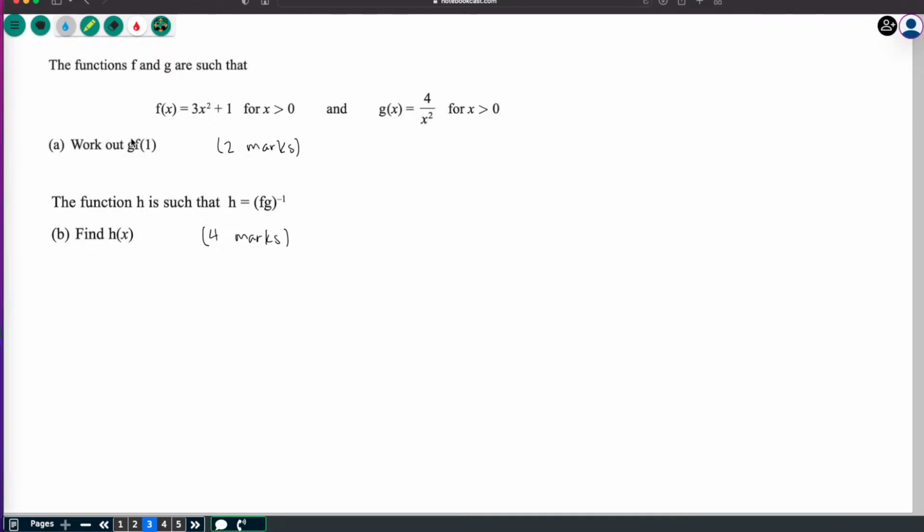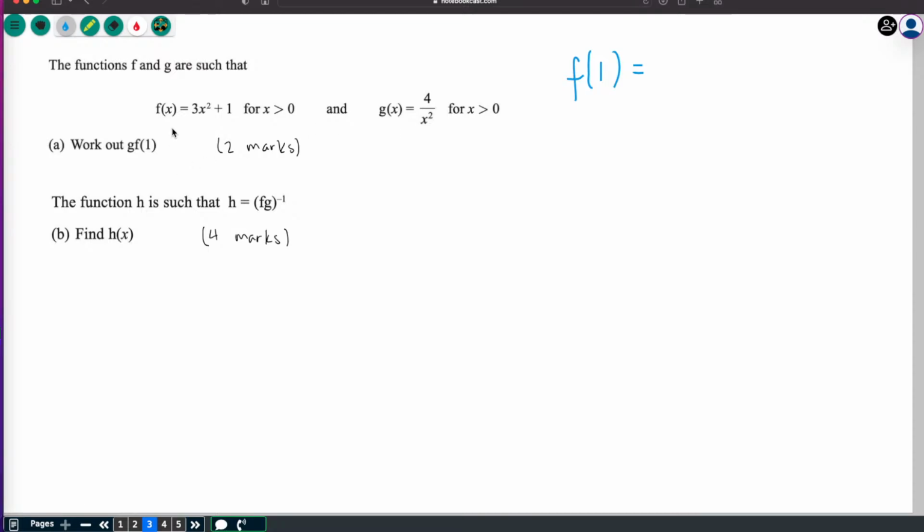What does this notation mean? g of f of 1? Well, basically what this means is we want to work out f of 1 and then plug that into g of x. Okay, so f of 1 is the input of g of x. So f of 1 is the first thing we want to work out.